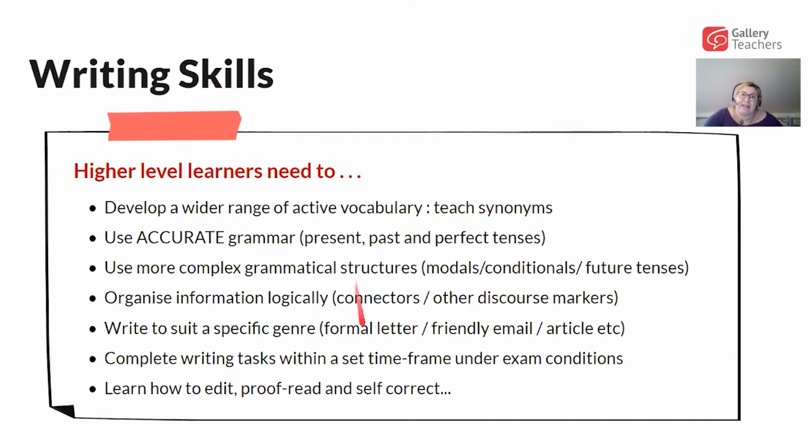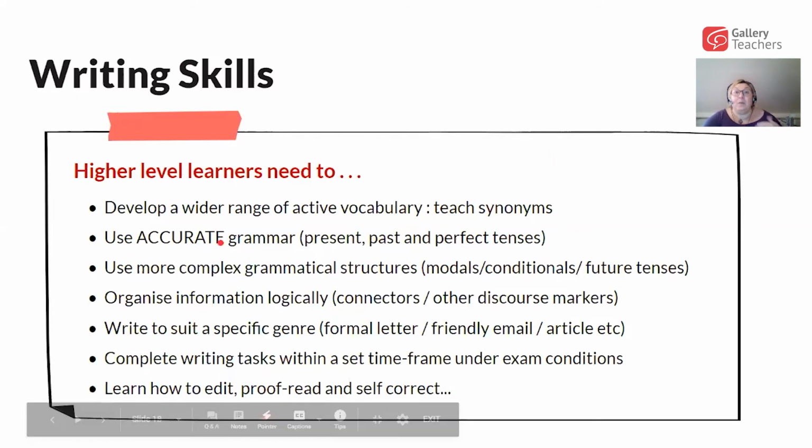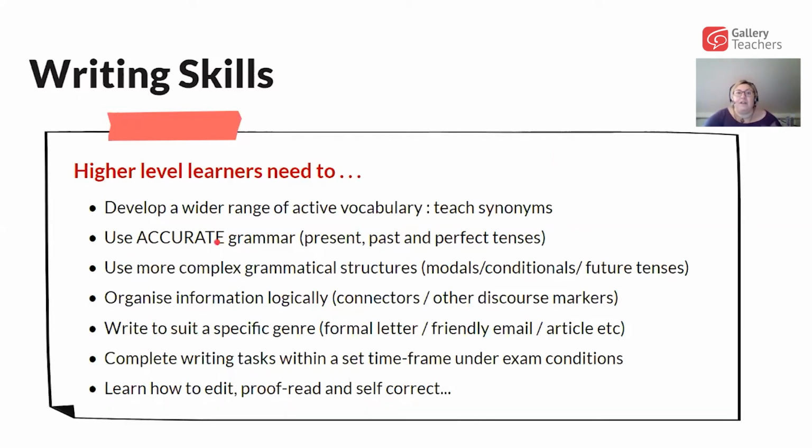It's much better if they're taking an exam for them to be using simple but accurate language rather than overstretching themselves and making tons and tons of mistakes with complex grammar. If they can get the basics to be accurate, that's going to give them a solid foundation that the improved vocabulary and the wider range of tenses can then work on.